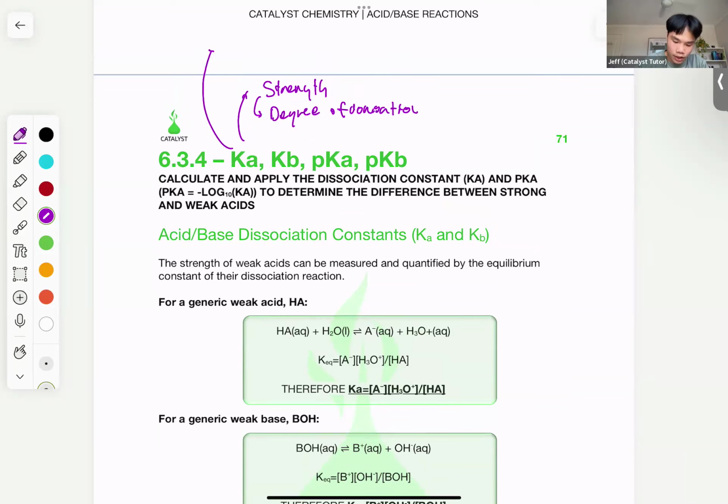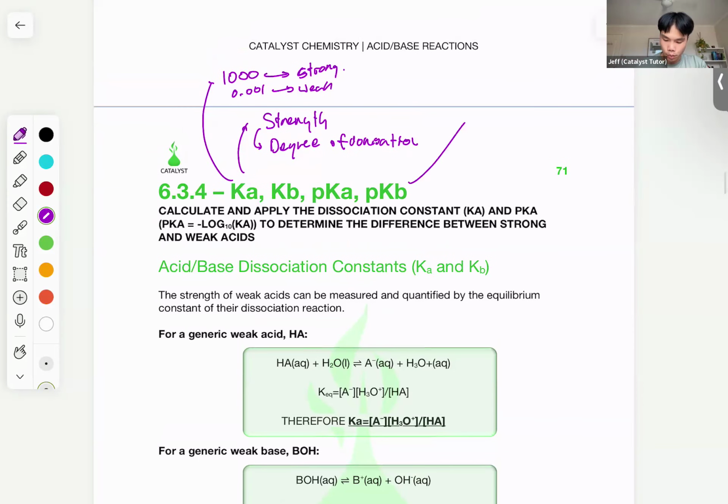So if you had a very large value for Ka, is this representing a strong or weak acid? Strong, good. And if you have a much smaller number, like 0.001, that's then representing a weak acid. So you should have that relationship where the turning point of strength for Ka and Kb is around 1. Anything much larger than 1 is strong, anything much smaller than 1 is weak.